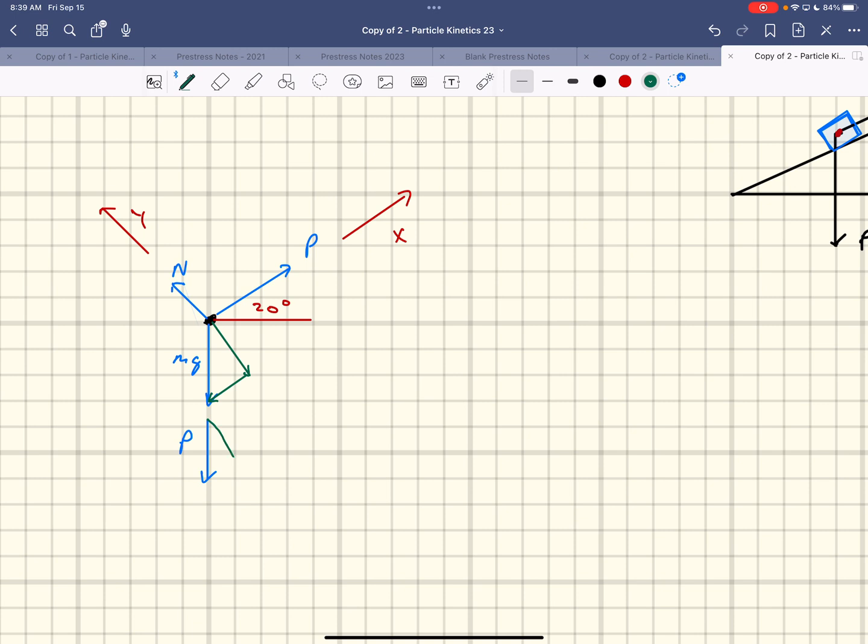Same thing here. Just to show which components are in the x and the y. Okay, then I should probably put those angles in there as well.